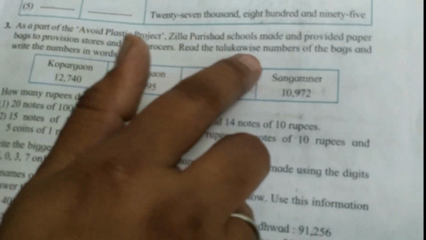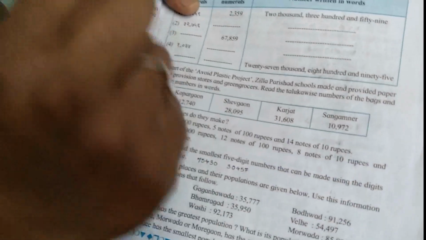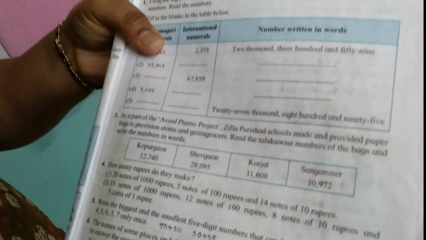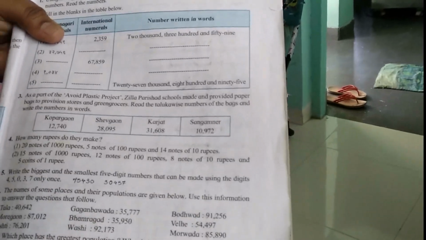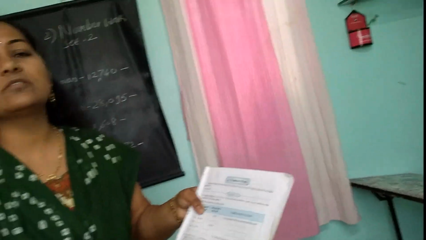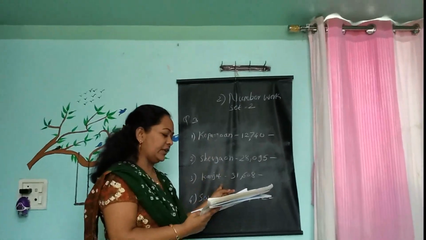Read the taluka-wise numbers of the bags and write the numbers in words. Avoid Plastic is a project applied by Jilla Parishad, and they give the paper bags which they prepare to the various villages, and those village names are given here.